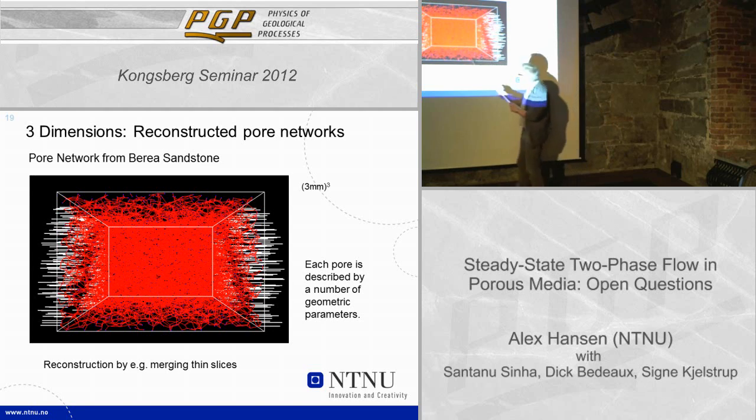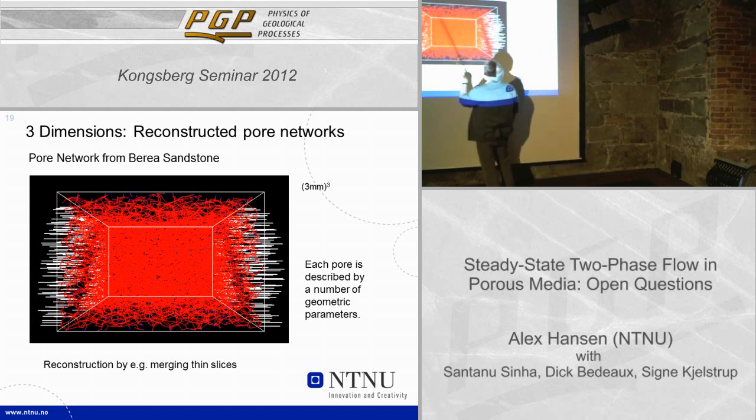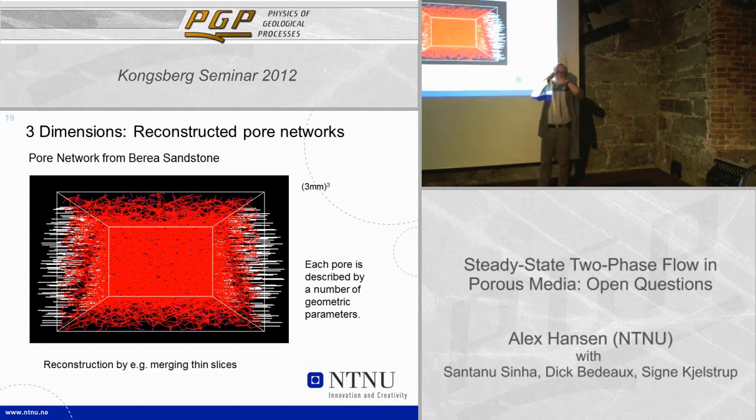So here you have a few 10,000 of pores, and they are then represented as links, and each one has a few numbers associated with them to give the size of these triangles, how narrow it is in the middle, etc. So you really have a very detailed rendering of this.